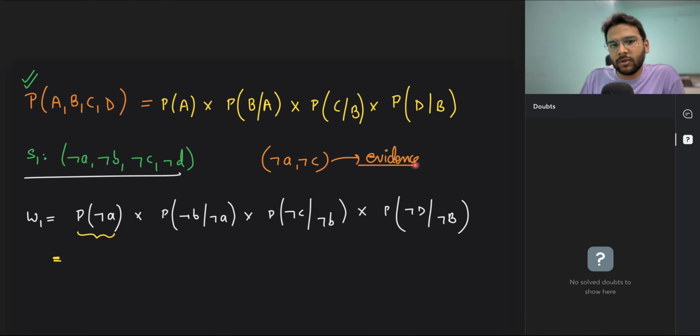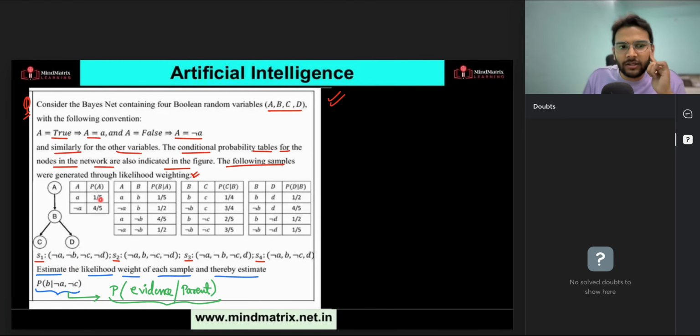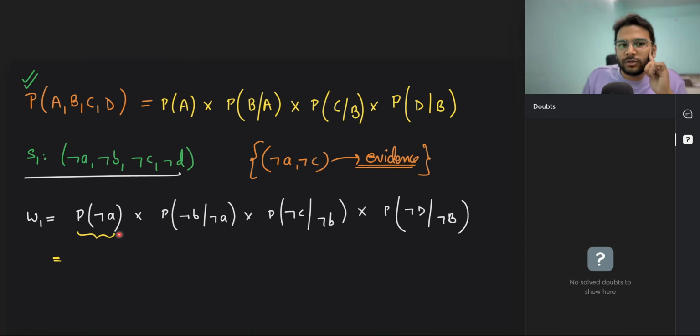Understand this carefully, because you may commit a silly mistake here. So not A is part of the evidence present here. Definitely this cannot be 1. Whatever the value of probability of not A is, that is 4 by 5. So it is going to be 4 by 5.